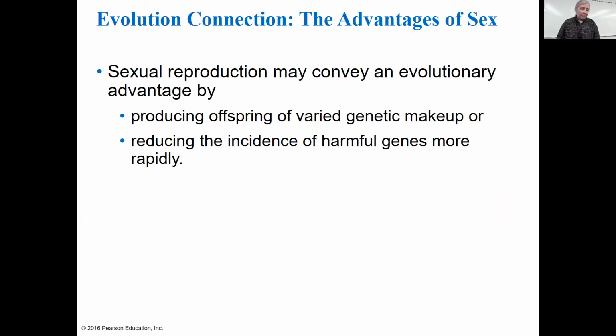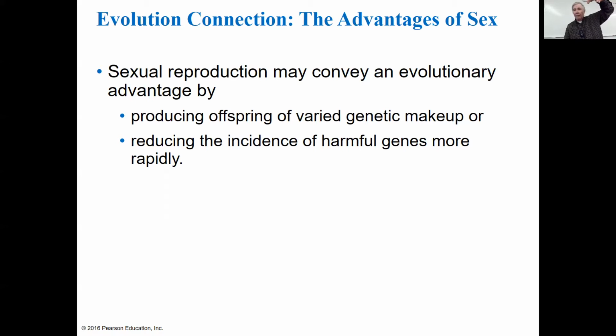If you only get 1, you're perfectly fine. You can pass it on to your offspring, but you're perfectly fine. So here's the thing, if something really bad develops in an asexual organism, then all the offspring are going to have it, you know. But if it happens in a sexually reproducing species, then you may give that bad gene to your offspring, but your sexual partner gives that offspring a good gene.